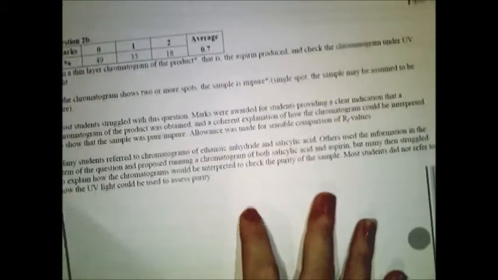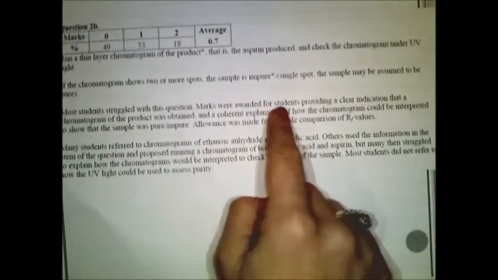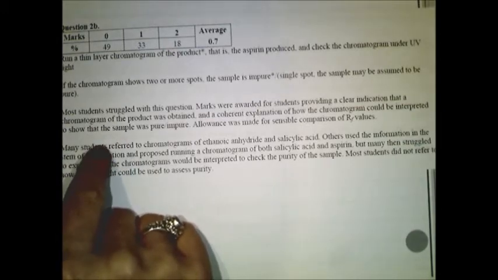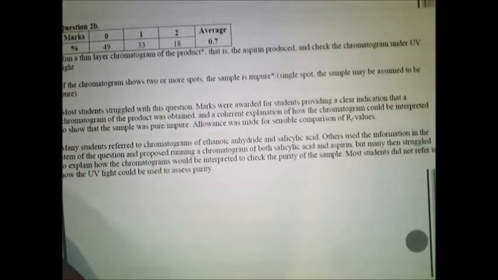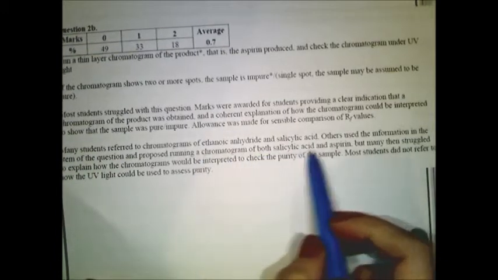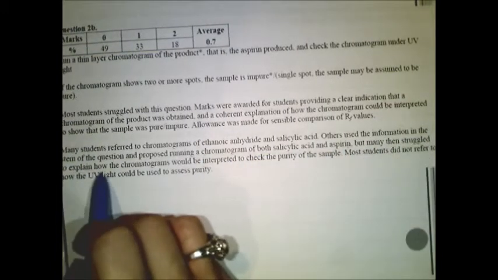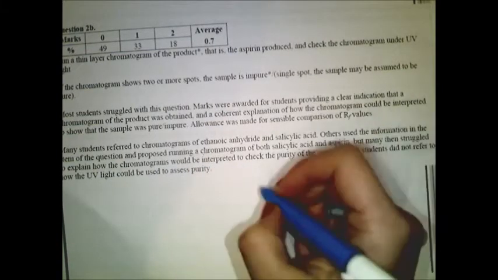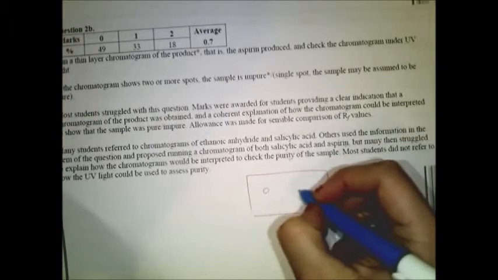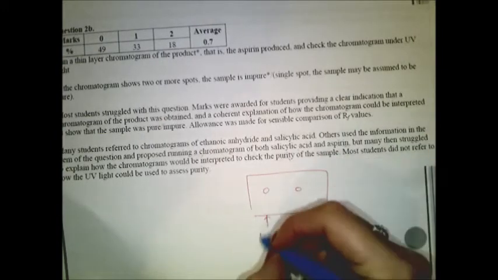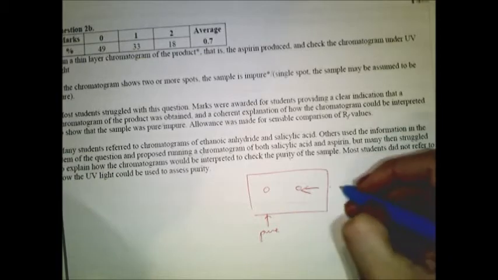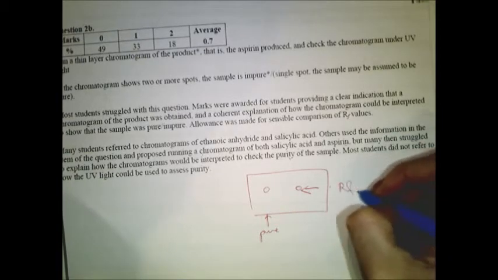So most students struggled with this question. So basically, okay, a lot of people said run a chromatogram of both salicylic acid and aspirin, but then couldn't explain how the chromatograms would be interpreted to check for purity. So you could say basically see if the pure sample of aspirin goes to the same point as yours to make sure that it's aspirin, like the same RF value.